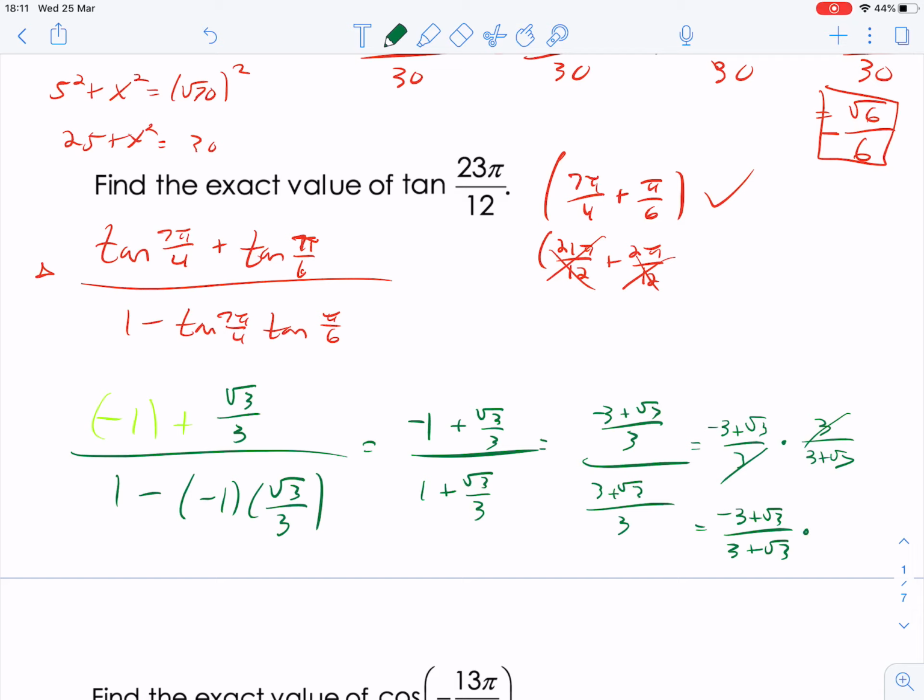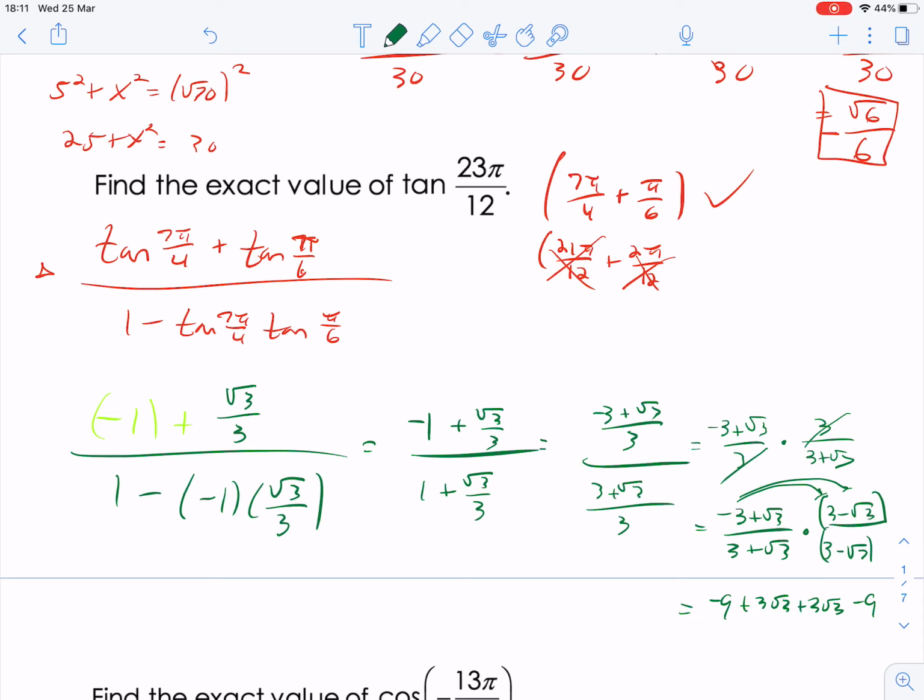So we're going to have to multiply by the conjugate. So that's going to be minus. And we get negative 9. Let's see here. Minus. So negative 9, positive 3 square roots of 3, plus 3 square roots of 3, minus 9.